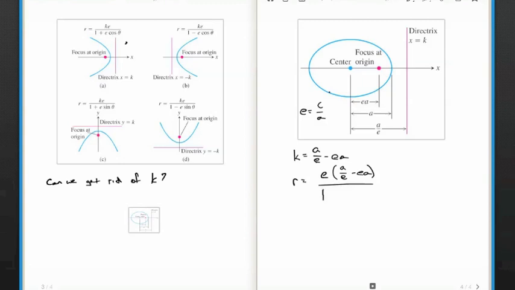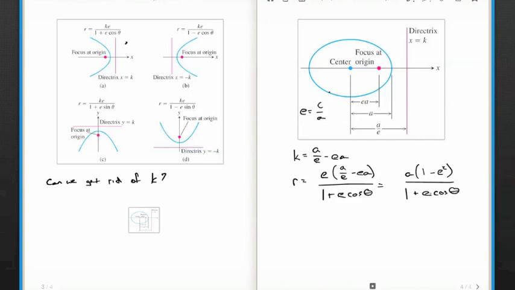After a little bit of algebra, not much, this boils down to a times 1 minus e squared over 1 plus e cosine theta.